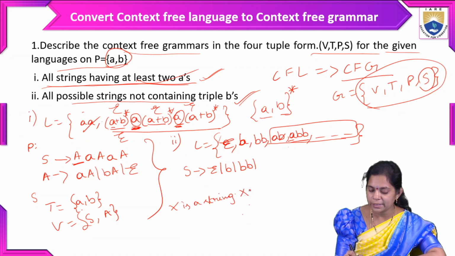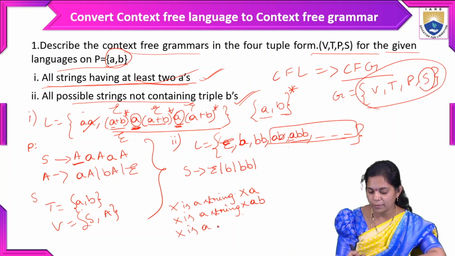Then XA is accepted. X is a string, XAB is accepted. And XA is a string, XABB is accepted. So till now we accept all those three things.